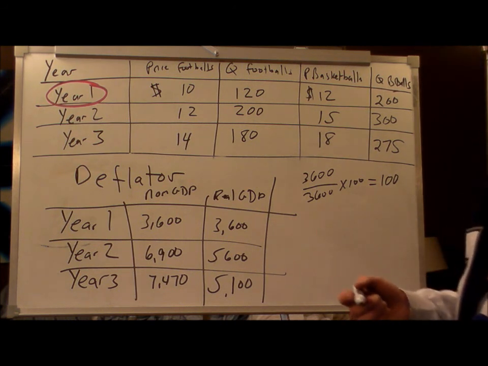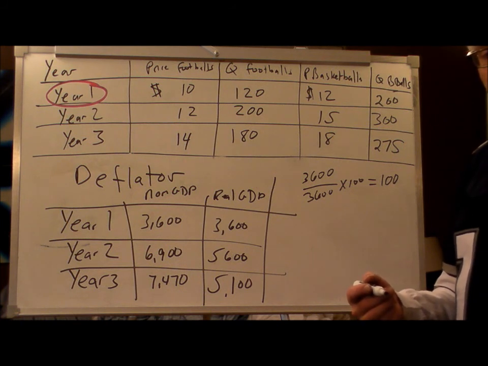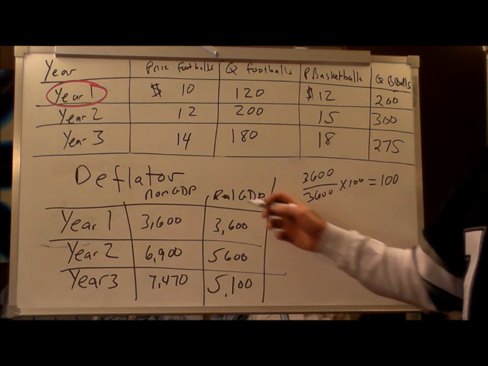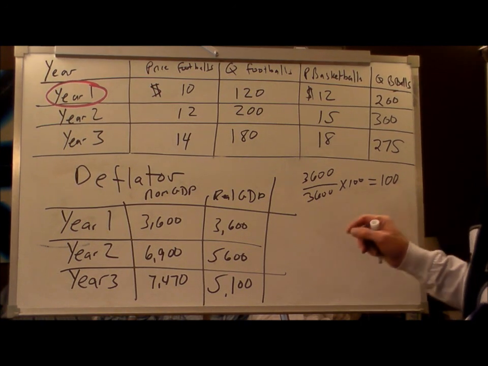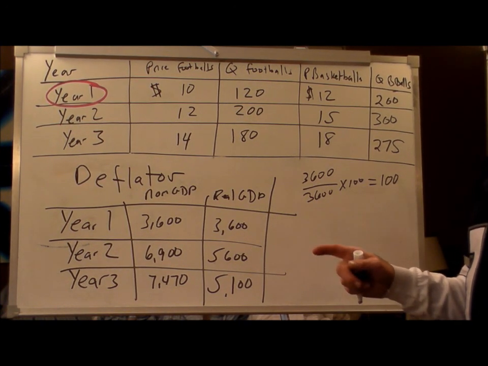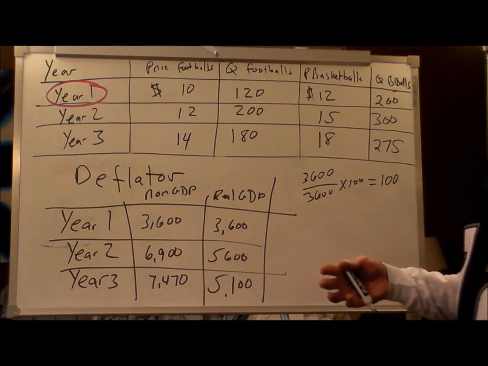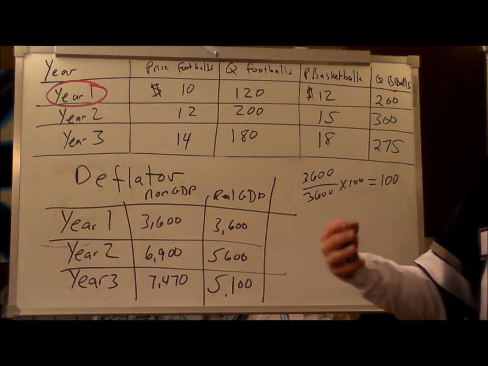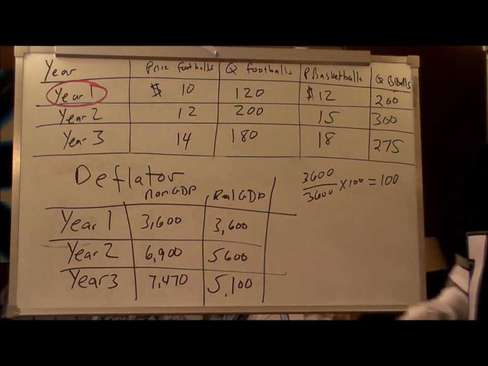So if we think about what the Bureau of Economic Analysis is using right now, 2005 as the base year. So in the year 2005, real GDP and nominal GDP will be the same, and the deflator would have a value of 100. Prices generally go up, so in years prior to 2005, we'll have a deflator that's less than 100, probably somewhere in the 90s for year 2004 and years prior to that, and then could even be as low as in the 80s and in the 70s as we move farther back in time.